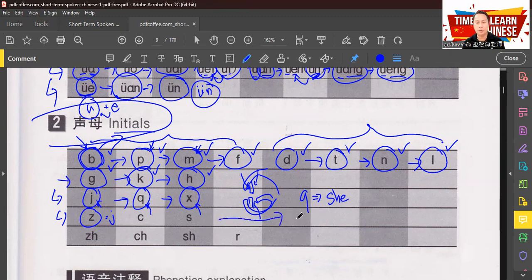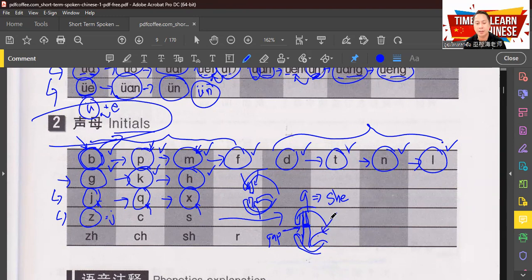For this row, your mouth, your lips, and your teeth are the same, but your teeth will close together. No gap. So when you accent, your tongue is also flat.